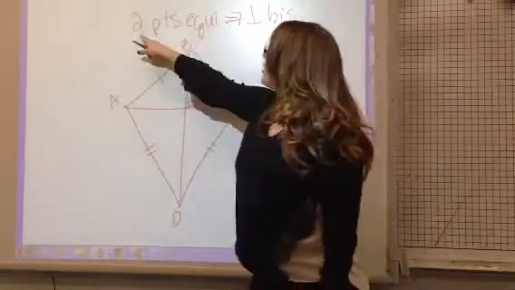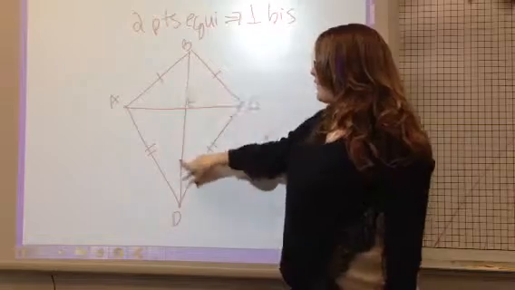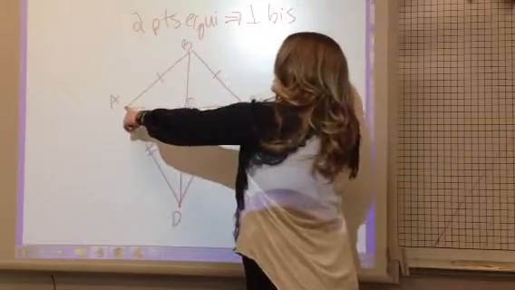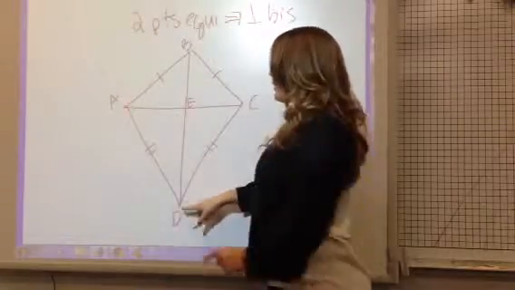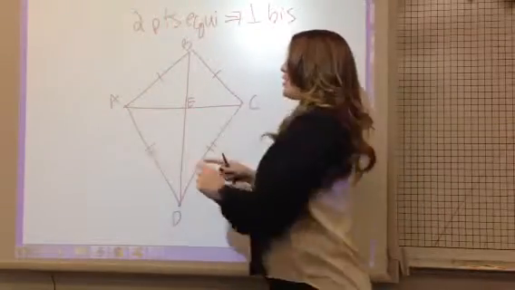Since I know that I've got 2 points that are equidistant from this line, A and C are equidistant here because those are the same. A and C are equidistant here because those are the same.